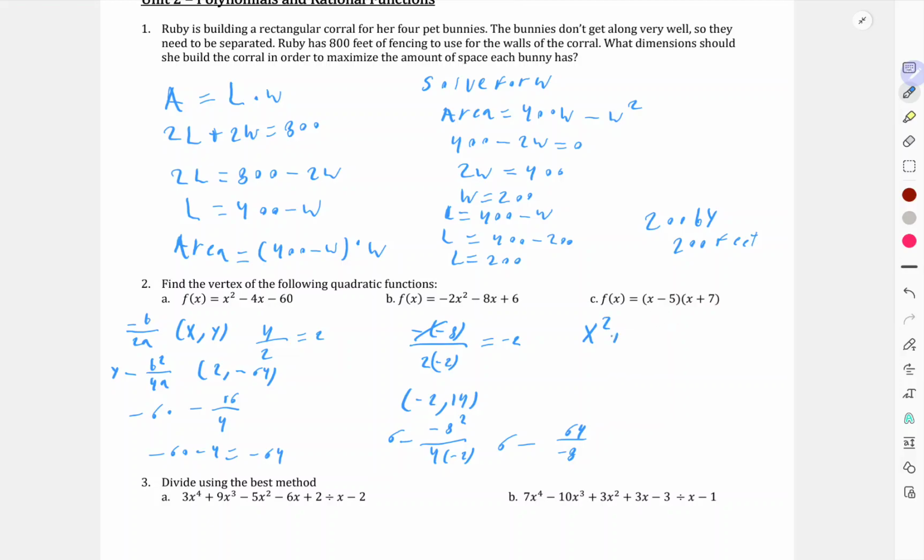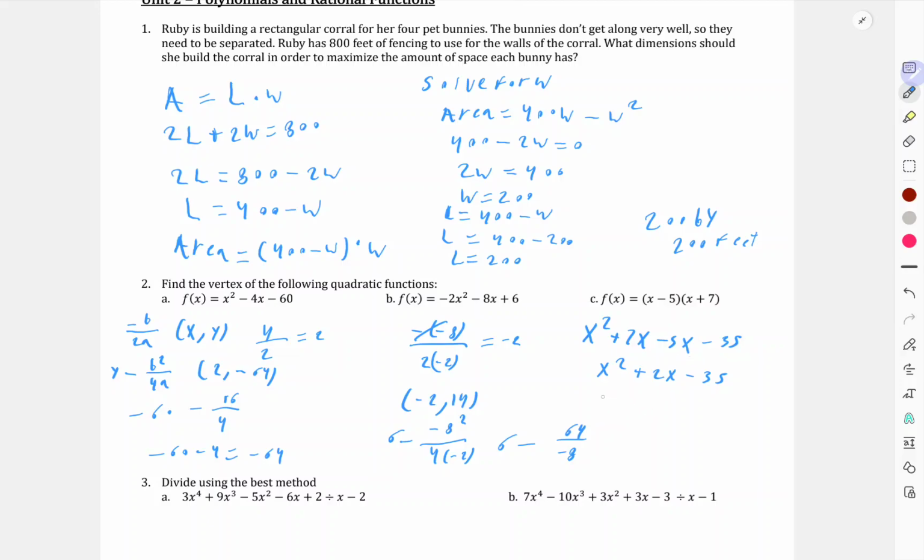So plus 7x, and then negative 5x, and then negative 35. Now what that's going to do is 7x squared plus 2x minus 35. Yes, that is correct. All of that looks nice.